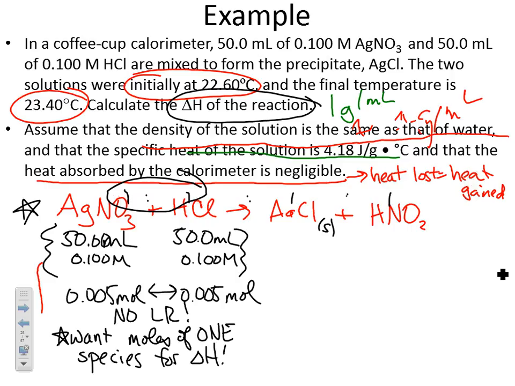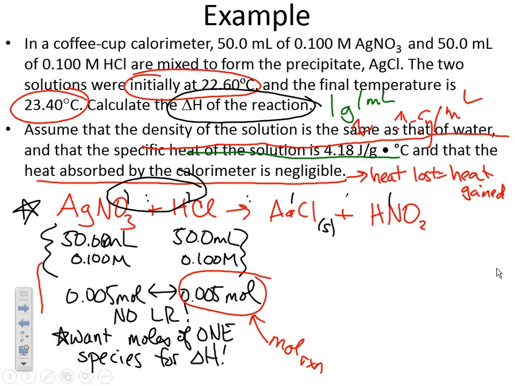So for us, the per mole of reaction is going to be 0.005. Right? Because 1 mole of silver nitrate plus 1 mole of hydrochloric acid. So we're not going to add them together because that would be the equivalent of adding coefficients, and we don't do that. It's this ratio of one of these guys reacts with one of these guys.